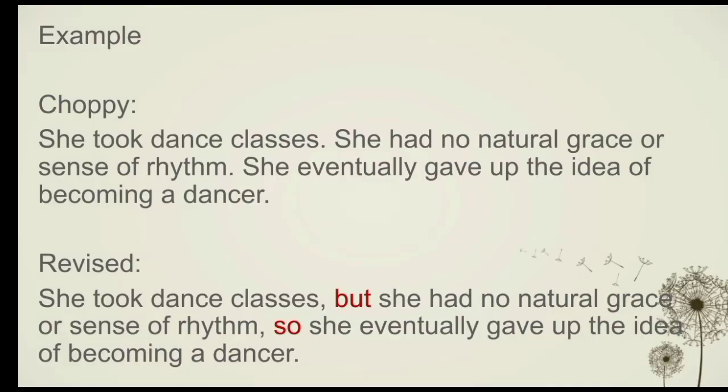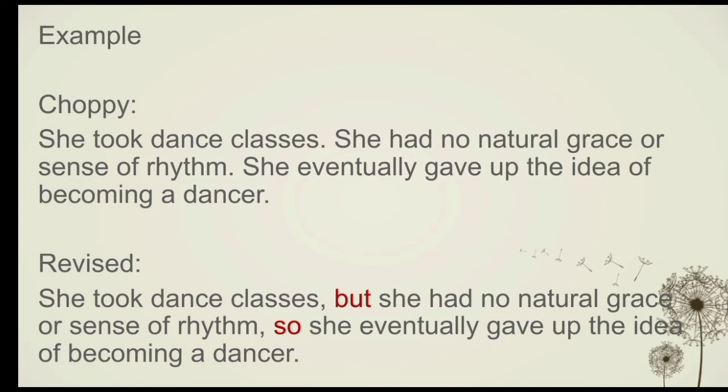Okay, so next proceed to the example of choppy sentence. "She took dance classes. She had no natural grace or sense of rhythm. She eventually gave up the idea of becoming a dancer." So, makikita natin paulit-ulit na ginagamit yung word na "she." So, anong gagawin natin? How to revise it or how to fix it?